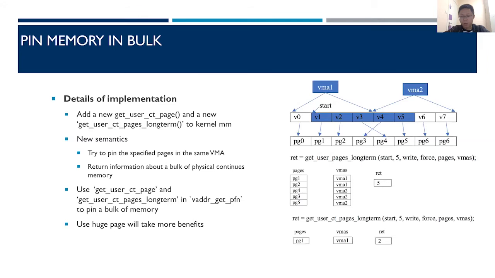The chart on the right shows the different behavior of the new function and the original one. The new function will be friendlier to the function vaddr_get_pfn and make its life easier to pin memory in bulk. To take more benefits, huge pages should be used.